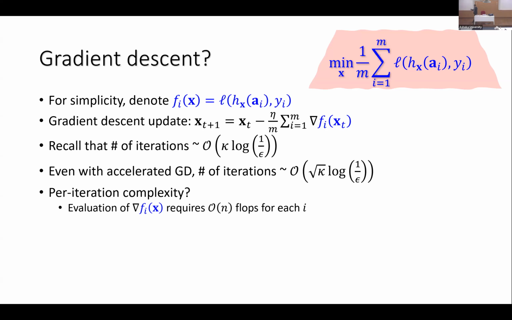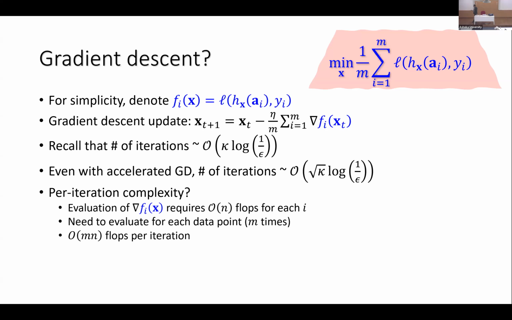You could say addition, subtraction, multiplication, division, floating point operations. So for every term here, you will need this many flops. And then there are m such quantities, right? So at every iteration, m times n floating point operations are needed.